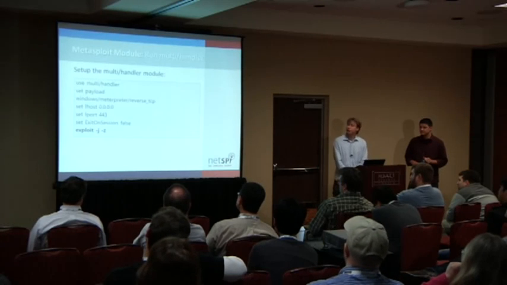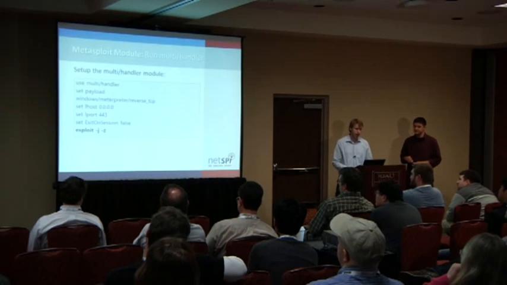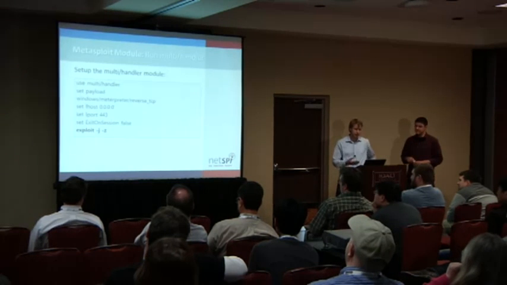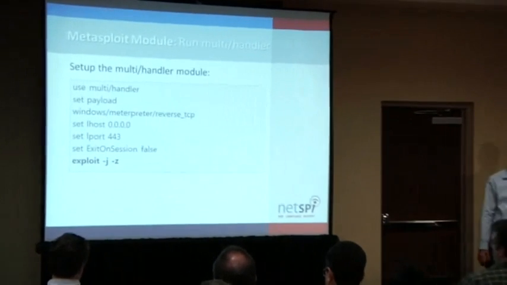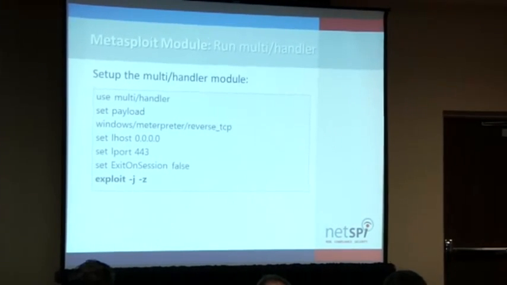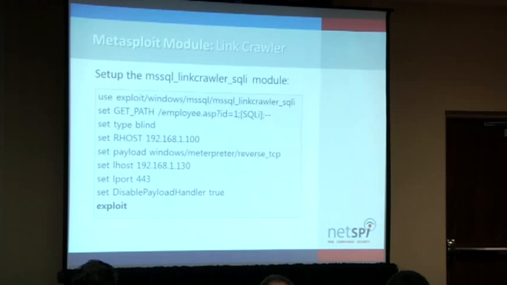How do you use this? If you want to get multiple shells back when you run it, you just start multi-handler in Metasploit, set the payload, say exit on session false, so it can accept as many connections as you want, and start it in the background. You set up the module. Just a few important things about it is the get path.